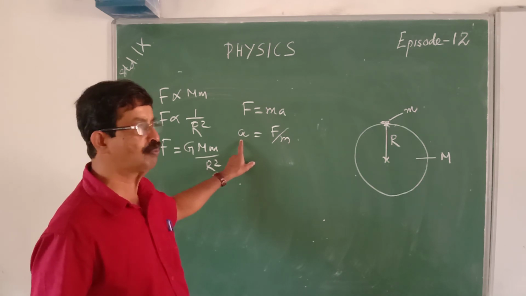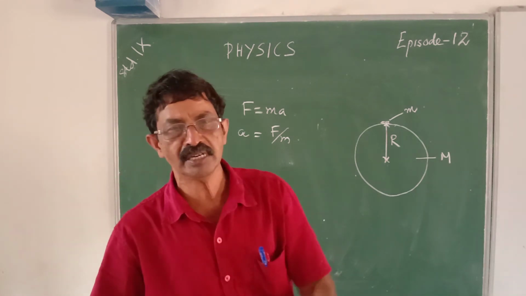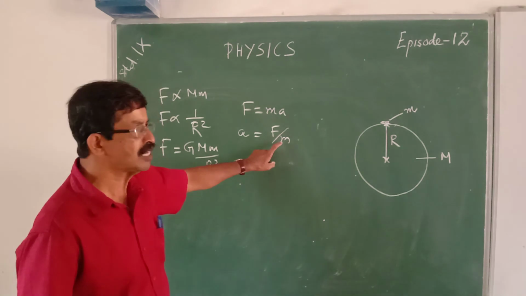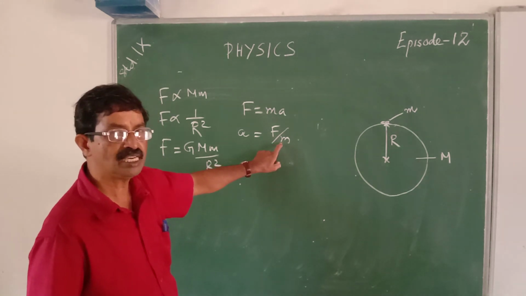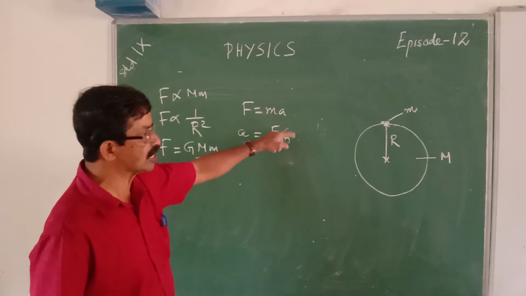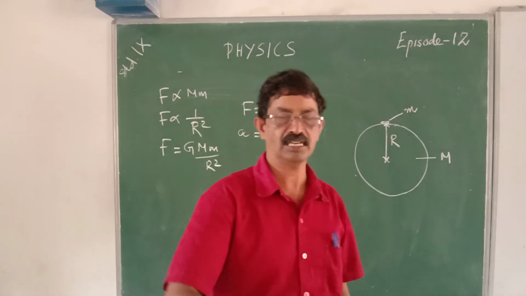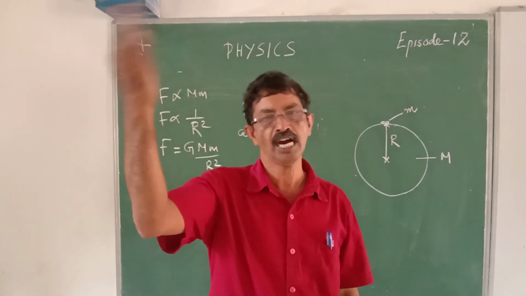But for the apple, even though the force between them is equal, the mass of the apple is very, very small compared to the mass of the earth. Because of that, the apple or stone accelerates towards the earth instead of the earth going up.